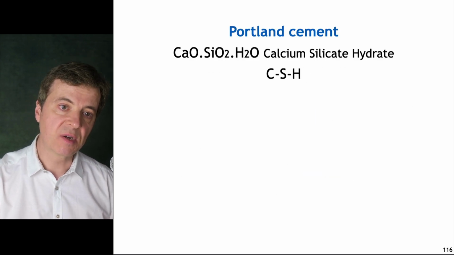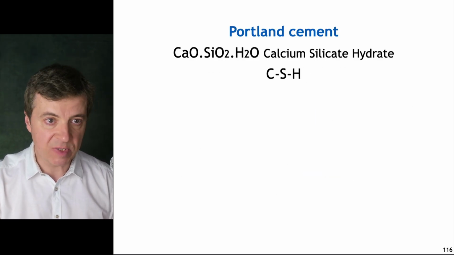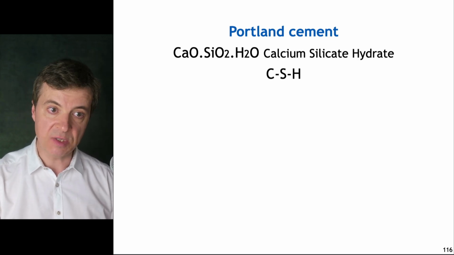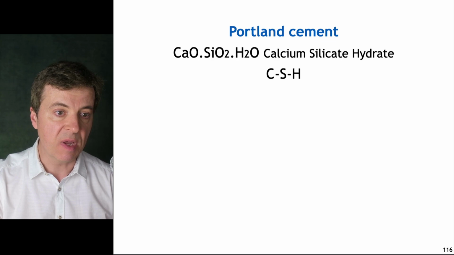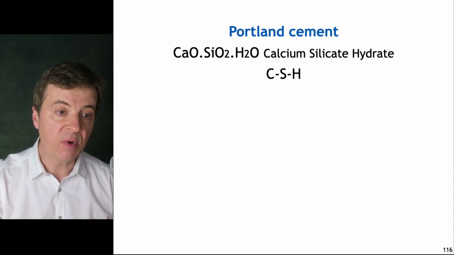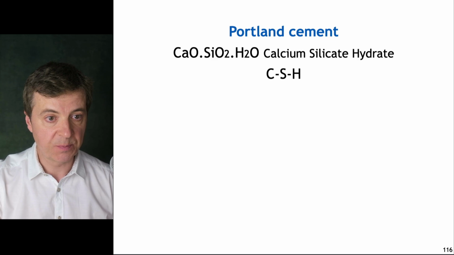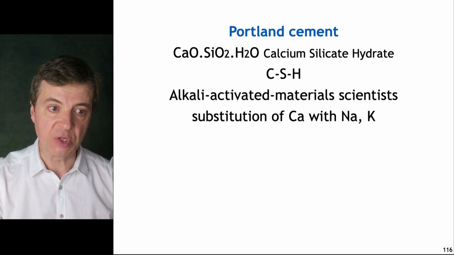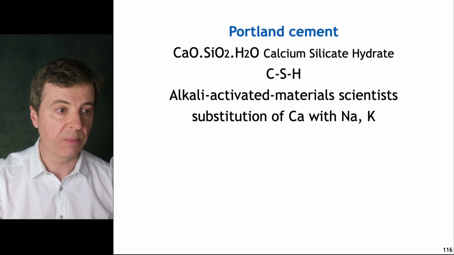Cement scientists continue to explain geopolymerization with their Portland cement terminology. Here is the chemistry of Portland cement, which is correct. It's a calcium silicate hydrate, CSH. But they want to apply the same logic to geopolymer, which is wrong.